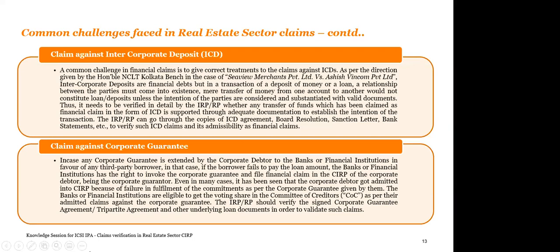So this also puts the builder as the kind of indirect borrower. So in that case also, the lenders of its SPVs, based on the corporate guarantee given by the builder, can file a claim in the CIRP of the builder, though it's not a direct claim. In that case, it is also necessary to verify the terms of the corporate guarantee.